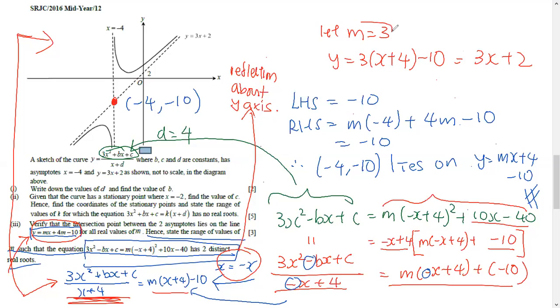So m equals 3 will give us this single member over here. Can you see? This will give us a single member over here.